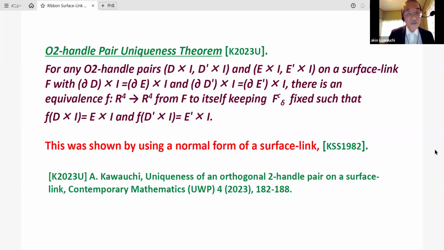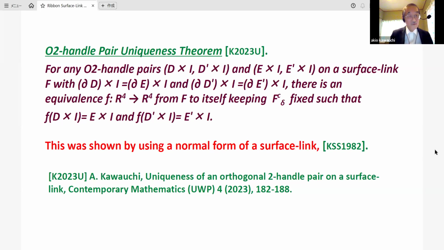For any O2-pairs D×I, D'×I and E×I, E'×I on a surface link F with the intersection annuli coinciding, there is an equivalence f from F to itself, keeping F∖Δ fixed, such that f(D×I) is equal to E×I, and f(D'×I) is equal to E'×I.